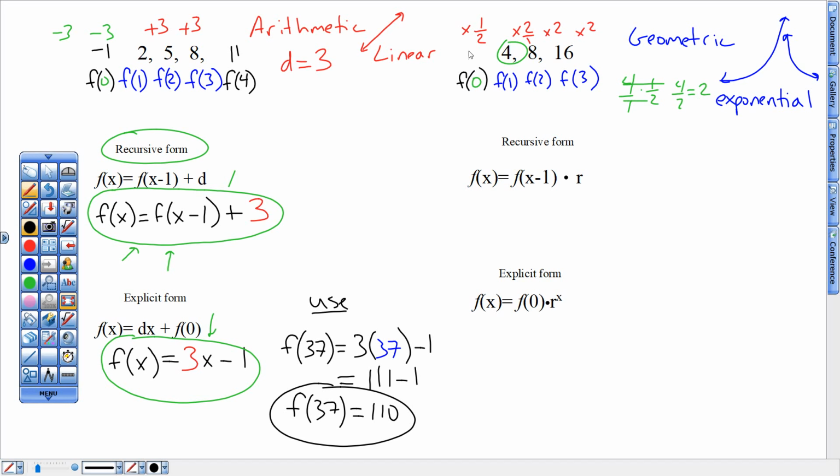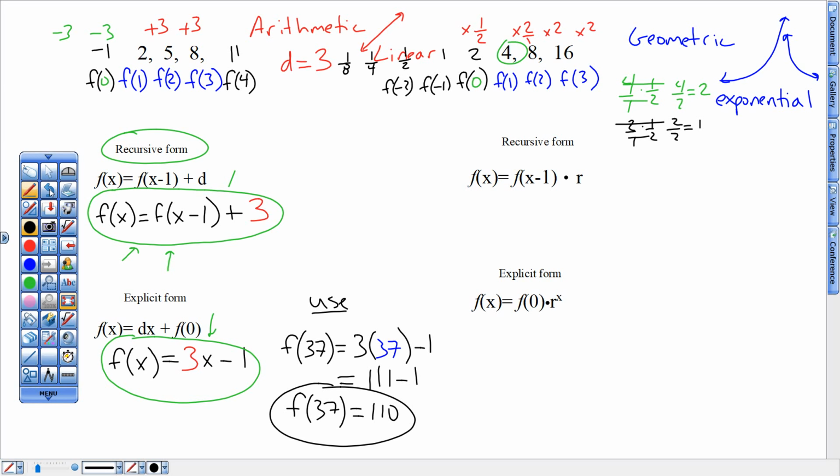If I had to keep going, maybe to the f of -1 term, remember you could go left or right in these sequences, 2 times 1/2 gives me 2 over 2, which is 1. And then of course 1 times 1/2 would give me 1/2. If I kept going, that would be 1/4 and then 1/8, knowing that the top number doesn't change, only the bottom.